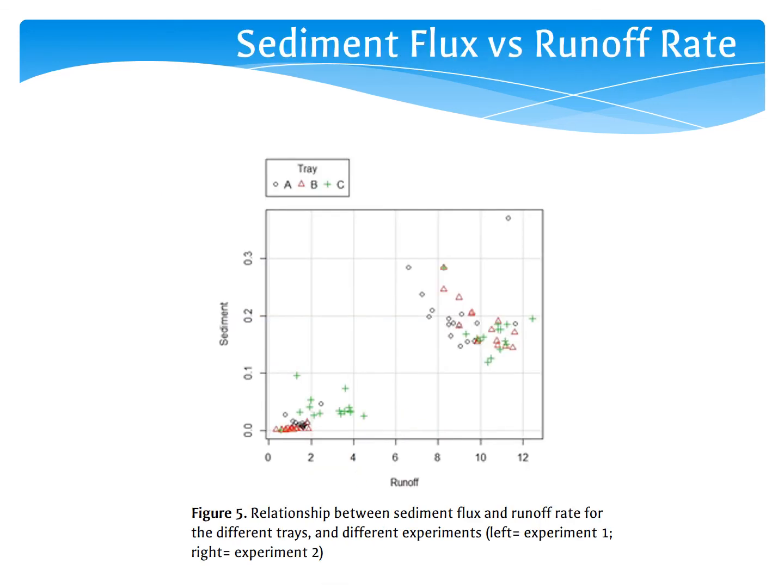To be confident that changes in sediment flux rates are a result of differing runoff rates, a correlation test was performed, which yielded a correlation coefficient of 0.84. Hence, sediment flux exhibits a strong positive relationship with runoff, and therefore we can dismiss other factors as influencing the erosion rate.